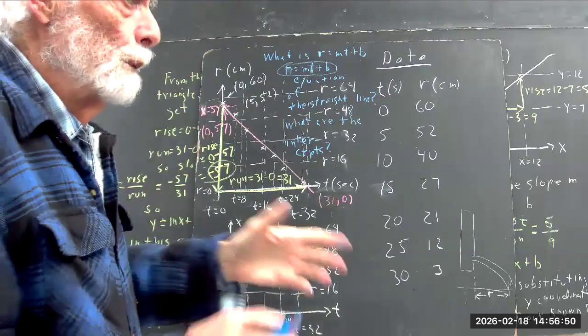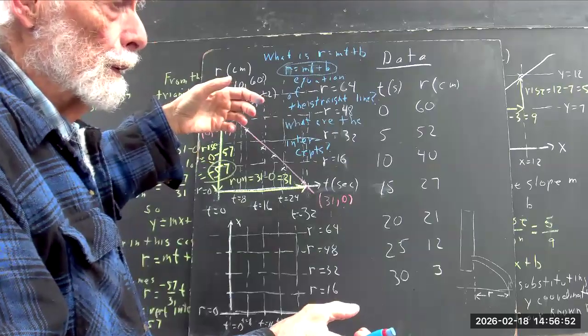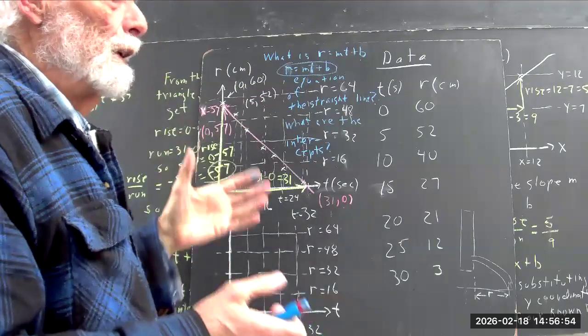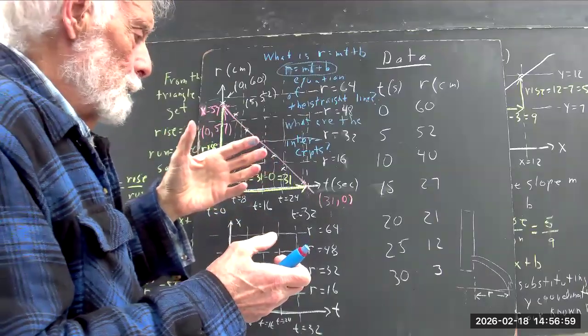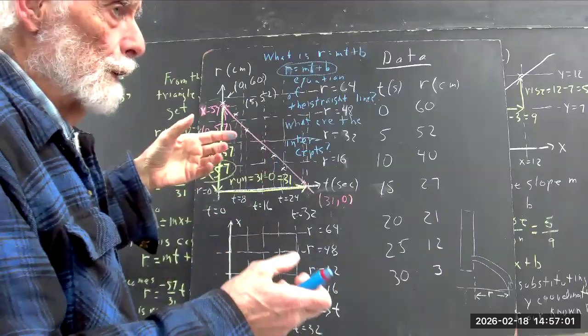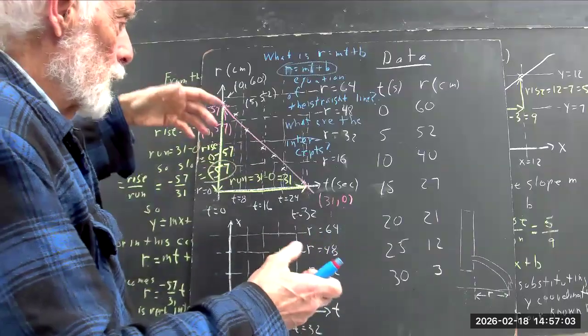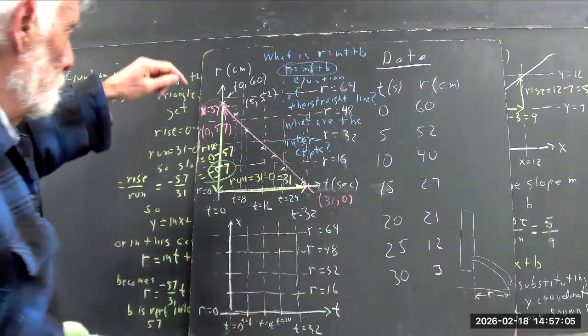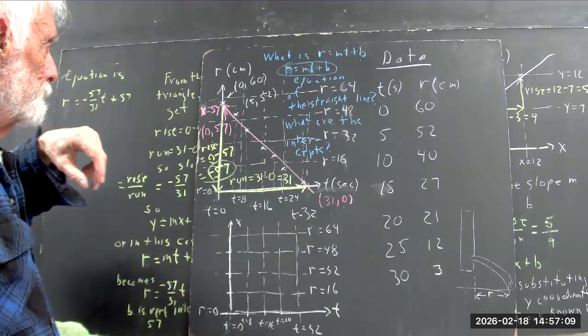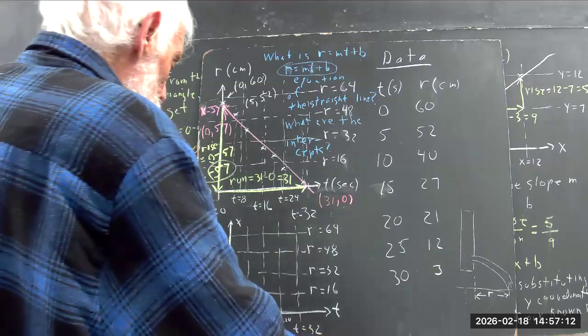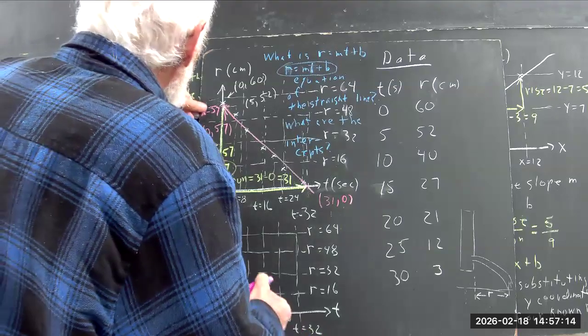Well, we want to use points pretty far apart. So if we make little errors in estimating the points, they aren't going to make as much difference because we're multiplying or dividing by bigger numbers. So I estimated that, and I called it x.